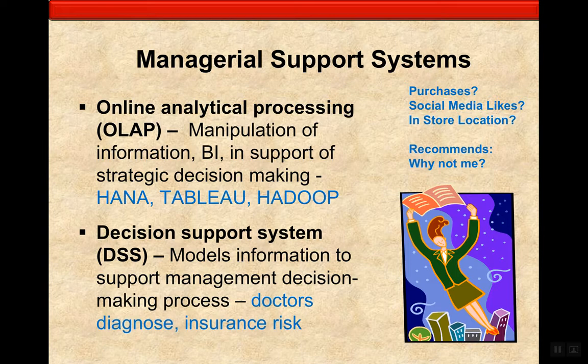The terms you hear around analytics start here with OLAP and have evolved. Sometimes these get used interchangeably, but decision-making support systems are beginning to evolve along the path of machine learning and artificial intelligence. That's beginning, not fully realized yet, but we're getting there.